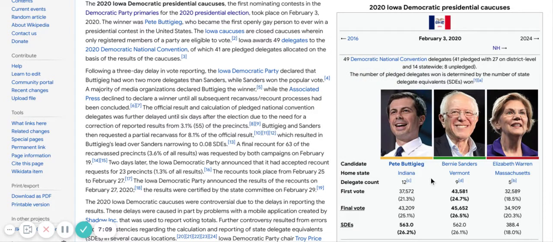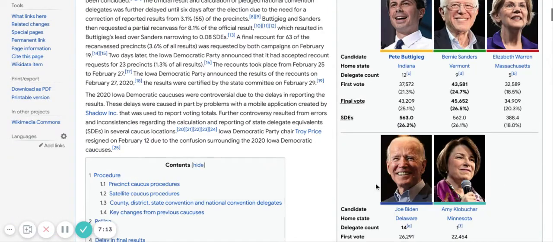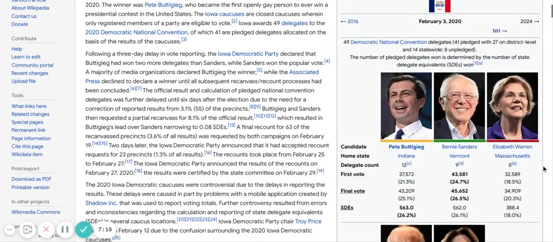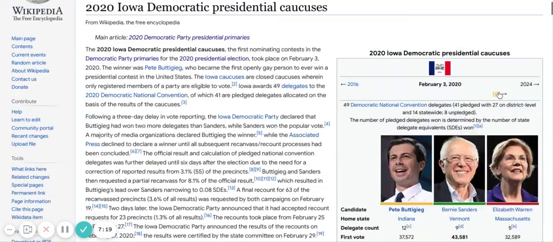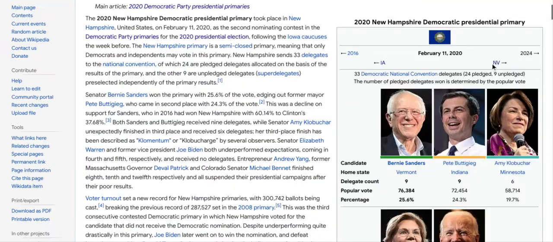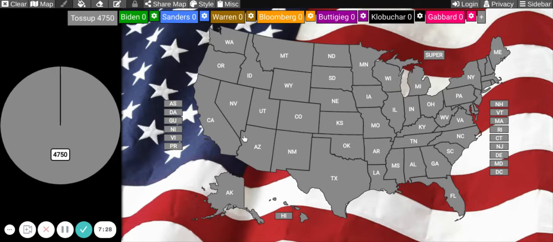And that is one reason why these caucuses and primaries matter so much. Nobody wants to seem like if you vote for them, you're just wasting your vote. That's not a good strategy at all. But anyways, that is why the primaries are like that.